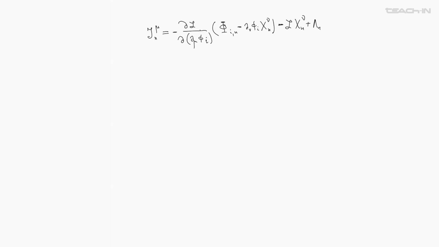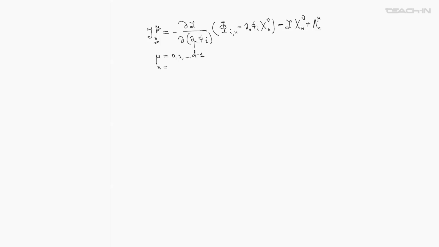Now, in this expression, I have to stress that these two indices, mu and n, have a different meaning. While mu runs over the space-time indices 0, 1, and so on, in general up to d minus 1, the index n runs over the same range as the number of independent parameters which give rise to variations.